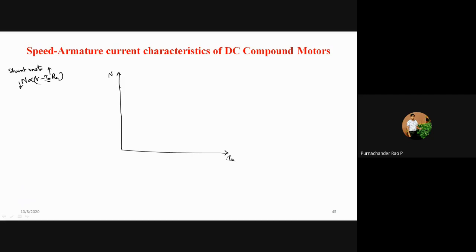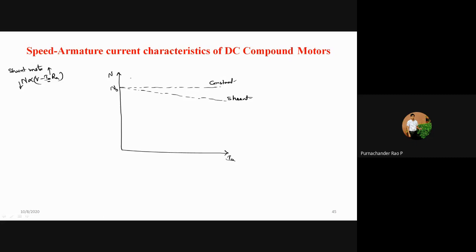At the time of starting, you will always have a constant value, the constant no load speed, and there will be a small reduction in the speed for the shunt motor from the no load value.